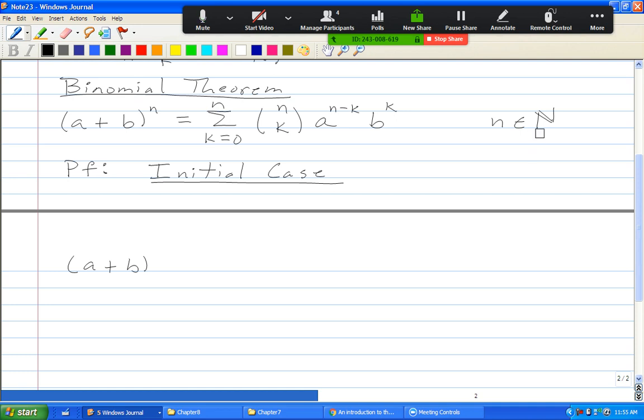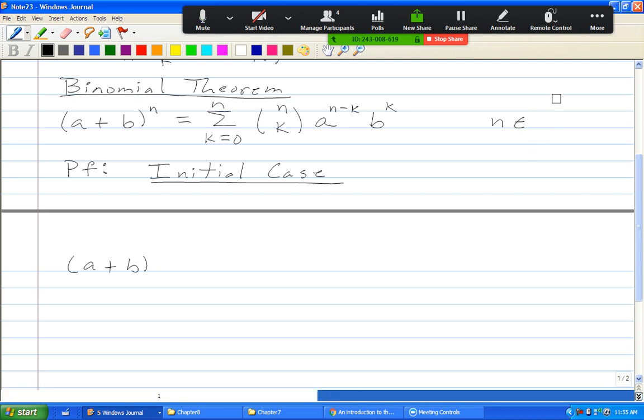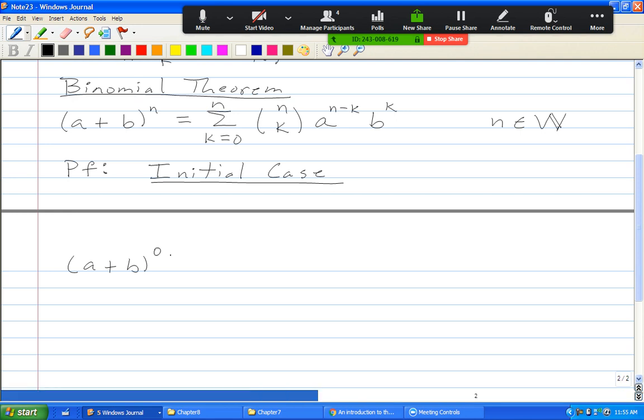I can actually do this. Let's say (a plus b) to the 0. If it's non-zero, then it's 1. And if it is 0, then you just make it 1. So you just say 0 to the 0 is 1. So the formula works.